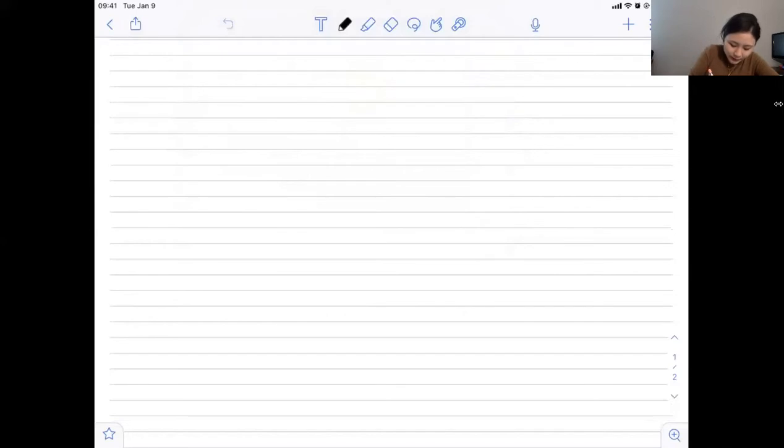So the first step is to state the null and alternative hypothesis. Sometimes the alternative hypothesis consists of a not equal sign, which is a two-tailed test.